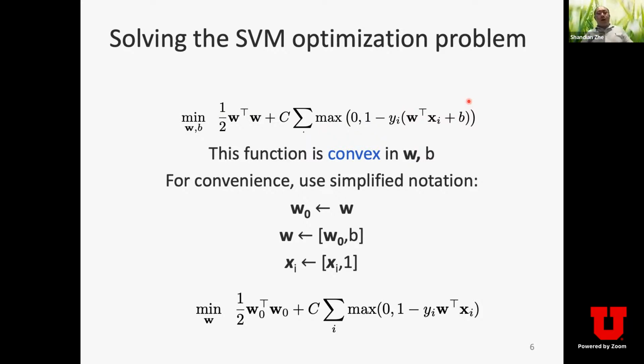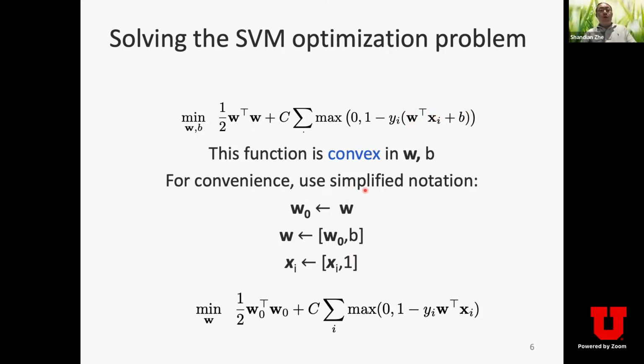And for convenience, we will use the notation of sugar we introduced in the linear classifier. So we're going to fold the bias parameter B into W, and correspondingly, we augment each feature vector with constant 1, so that this B value corresponds to the constant feature value 1. So that we don't need to explicitly write out the bias parameter B here.